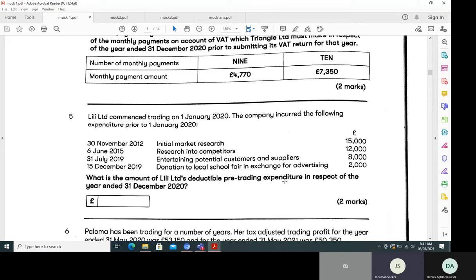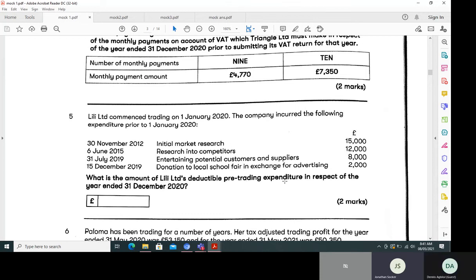But for VAT purposes, we can claim input VAT on entertaining overseas customers as well as employees. The rest we can't. Do you get that? Okay. So that's the issue with entertainment.